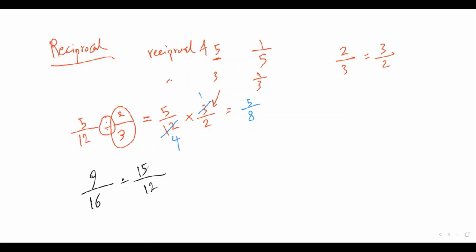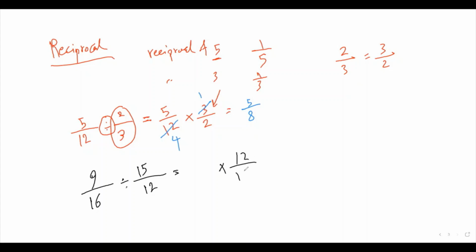This is an improper fraction, as you can see, because the numerator is larger than the denominator. So don't start simplifying here, because that would be wrong. You cannot cancel anything from 9 with anything from 12. Convert it to multiplication, then start simplifying.